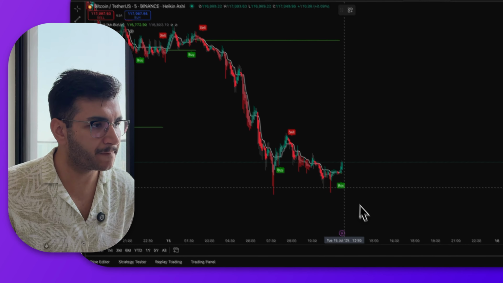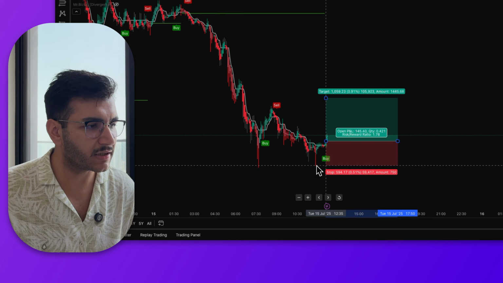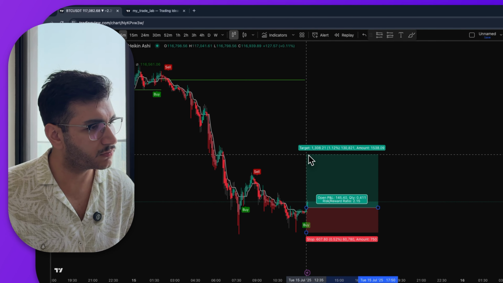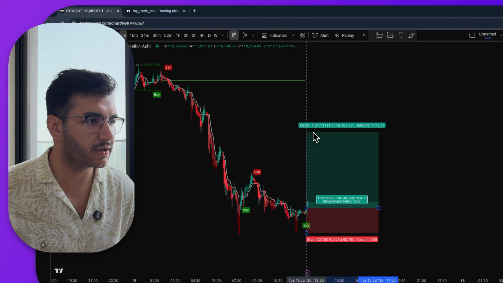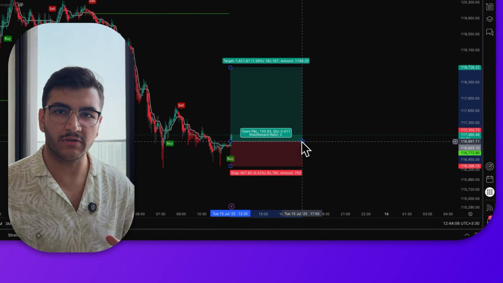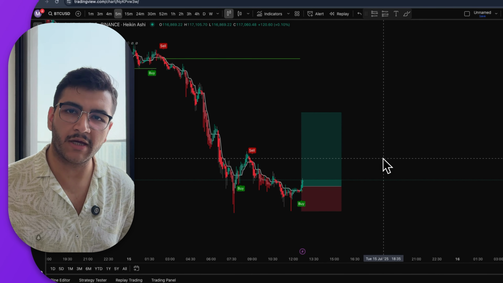For example, here I can open a trade, put my stop loss at the last low, and set the risk to reward ratio to 2 or maybe 3 to have a good chance of getting profitable in the long run. Okay? It's one of the main strategies.